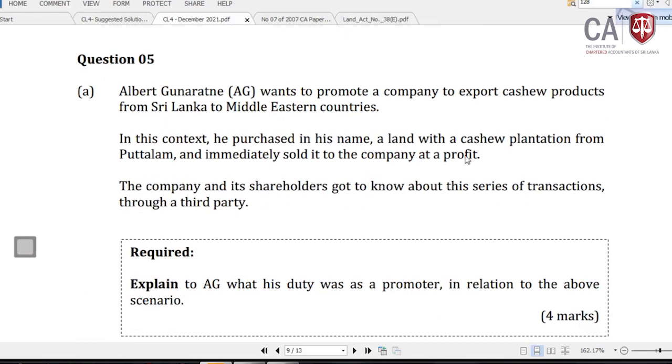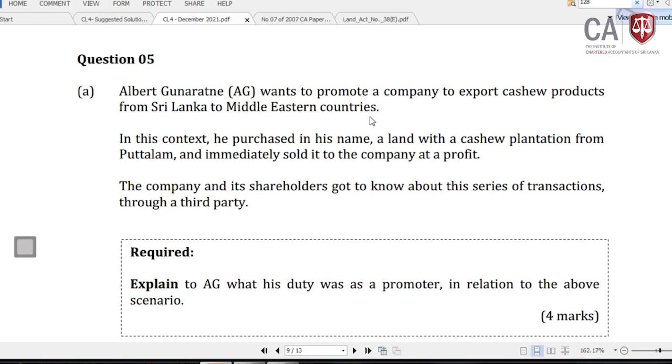Albert Gunaratne wants to promote a company to export cashew products from Sri Lanka to Middle Eastern countries. In this context, he purchased in his name a land with a cashew plantation from Puttalam and immediately sold it to the company at a profit.